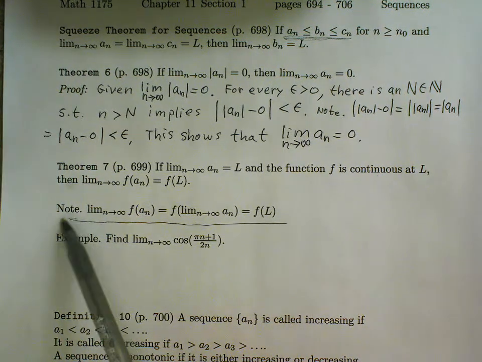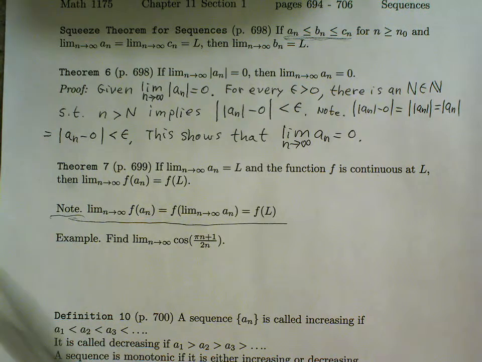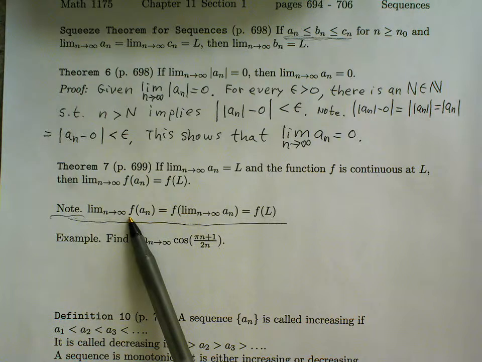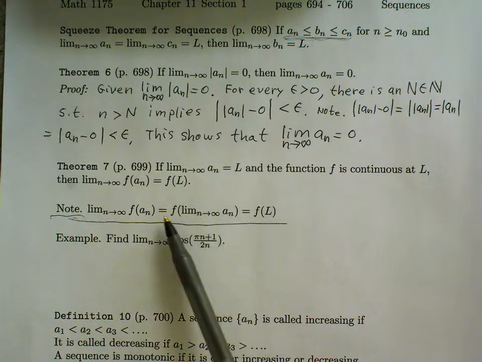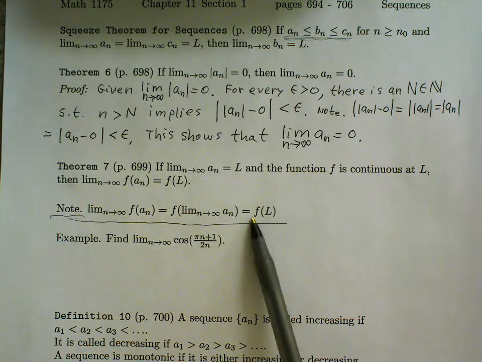I think you saw this in Calculus 1. This sort of thing. So if you have the limit of f of a sub n as n approaches infinity, well, this is equal to f of the limit of a sub n as n approaches infinity. So if that limit is equal to L, this is equal to f of L.